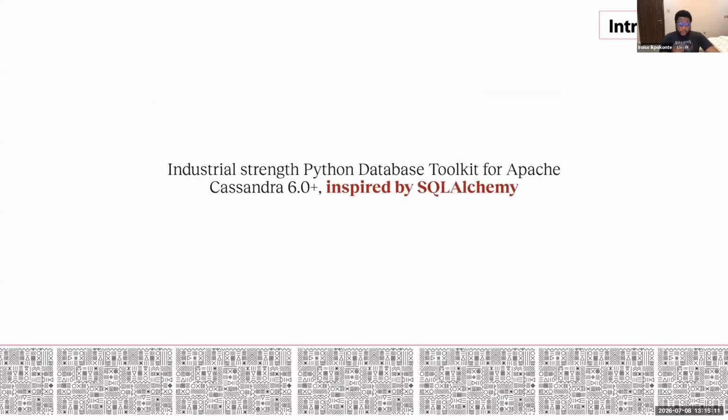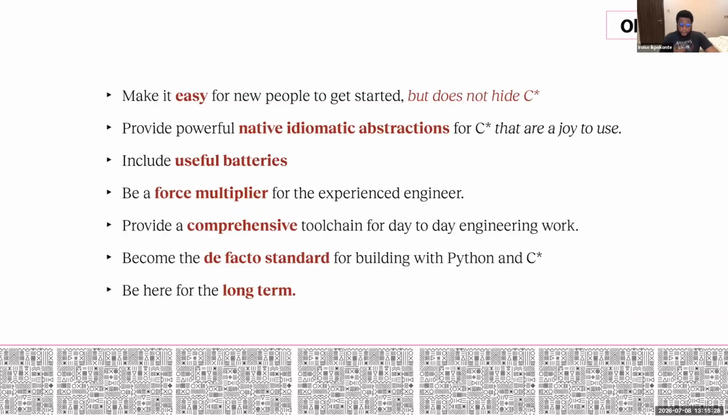Right. So what we're trying to do is build something that looks and works like SQLAlchemy on Cassandra. That's robust, easy to use, and also very tunable. You want to make it very easy for new people to start building stuff on Cassandra.